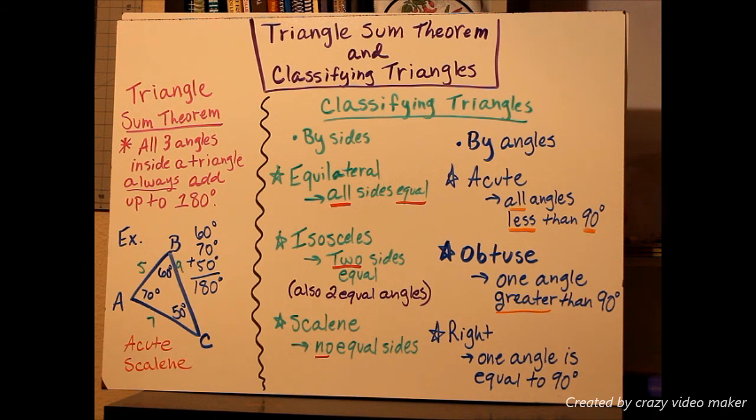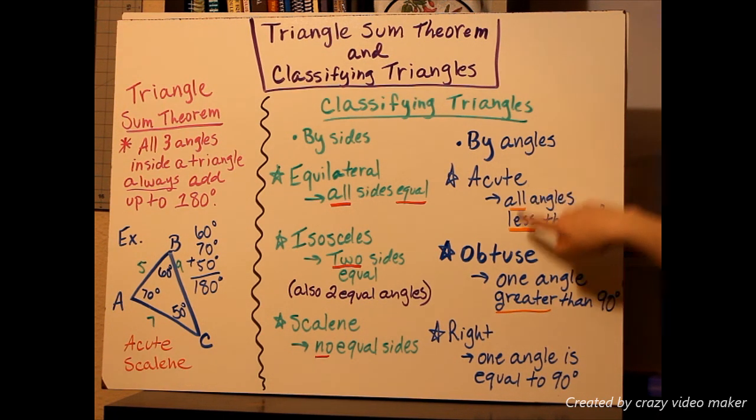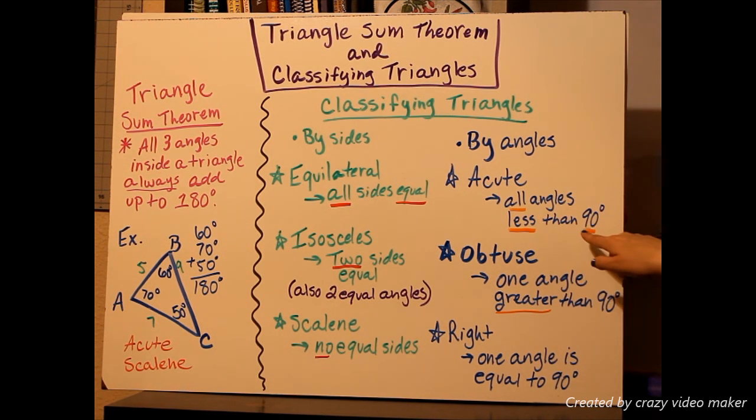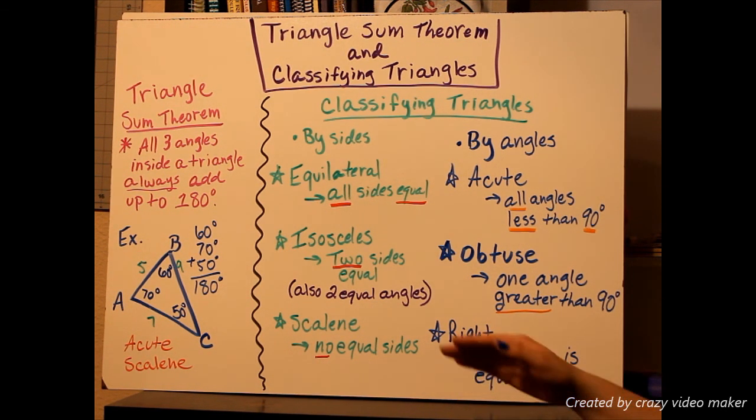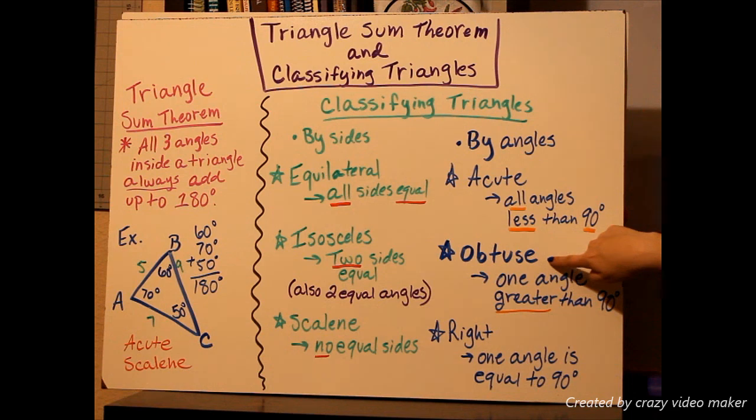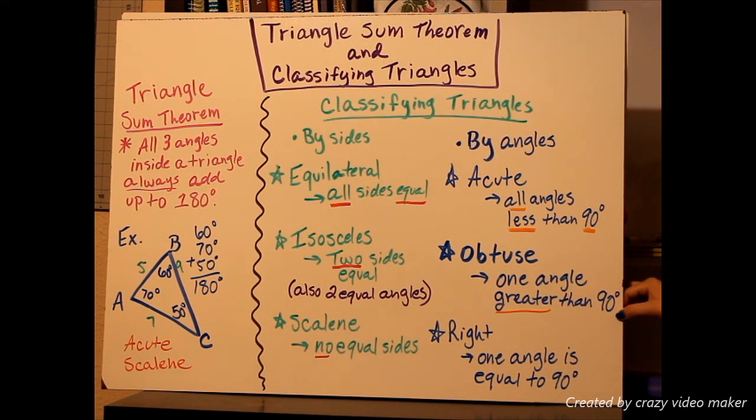Now, the last way that we classify triangles is by their angles. And by the angles, we have acute, which means that all of the angles in the triangle are less than 90 degrees. So all three angles are under 90. Then there are obtuse triangles. Obtuse triangles are where one angle is greater than 90. So it's only going to be one that's larger than 90.